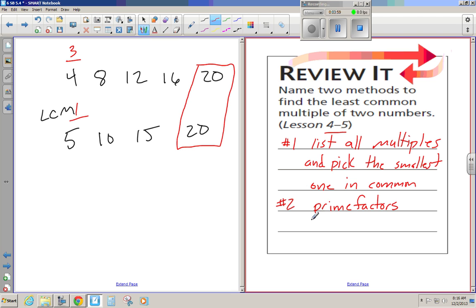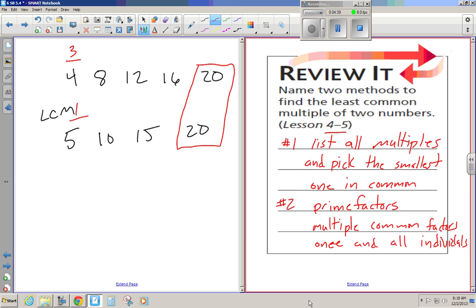Basically once you have the prime factorizations, you look at the common factors, and then you would multiply the common factors once, and all individual ones.